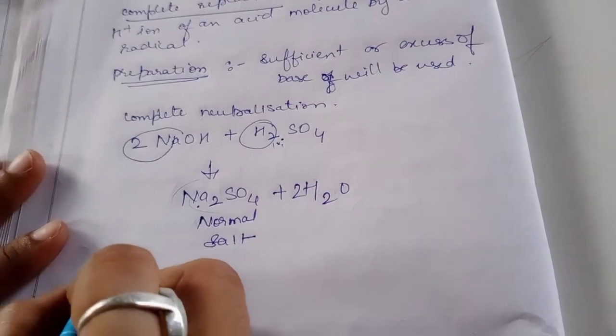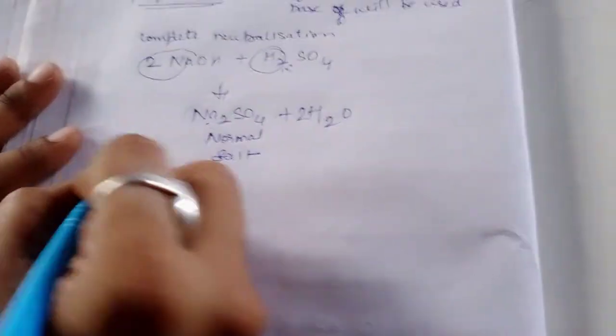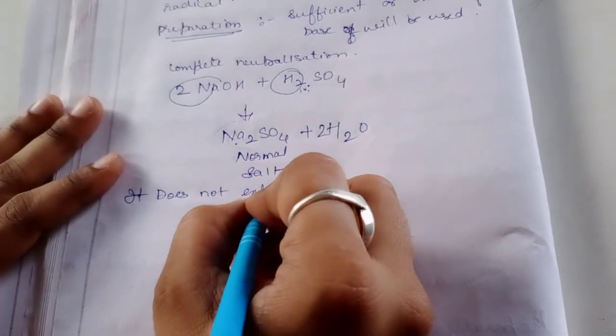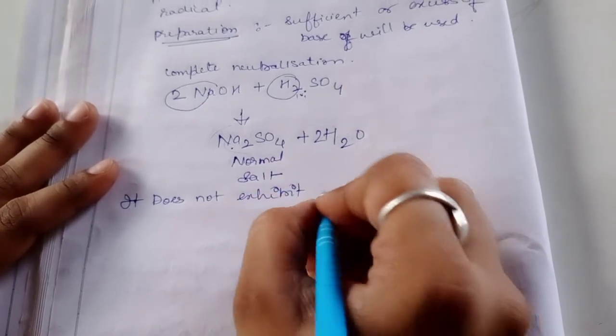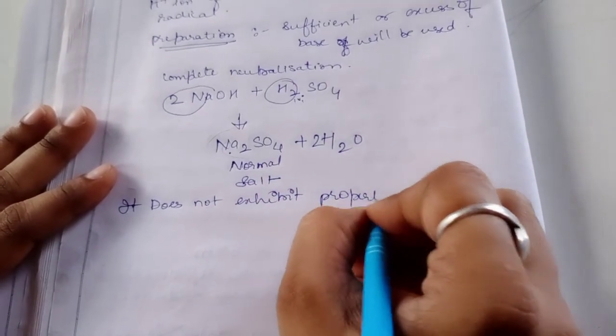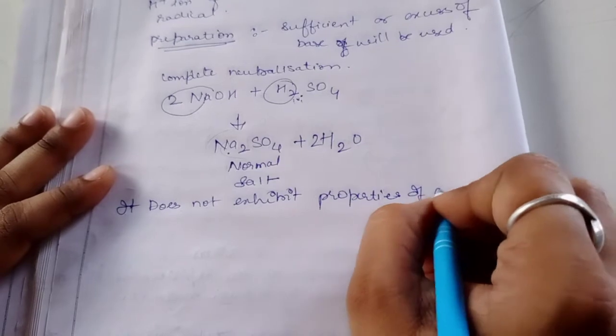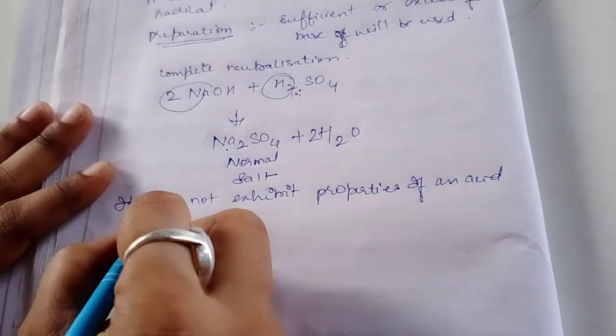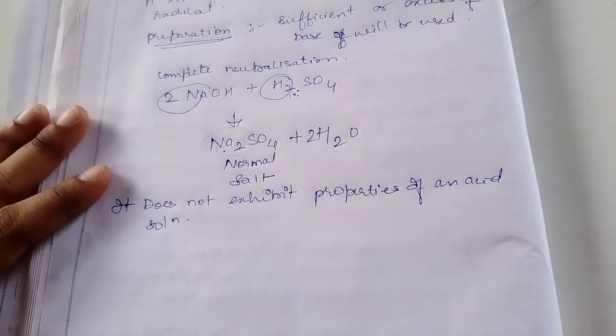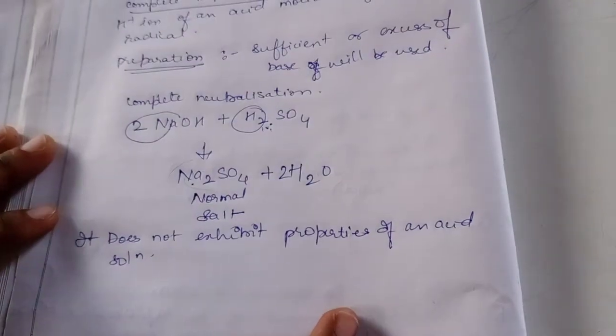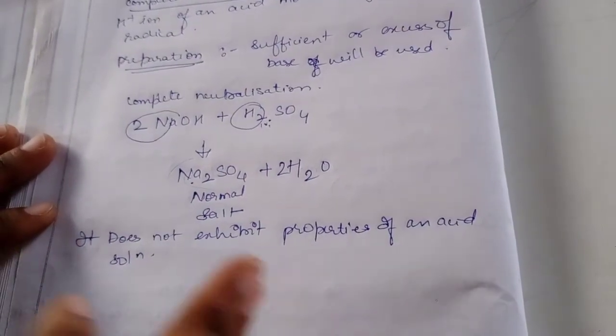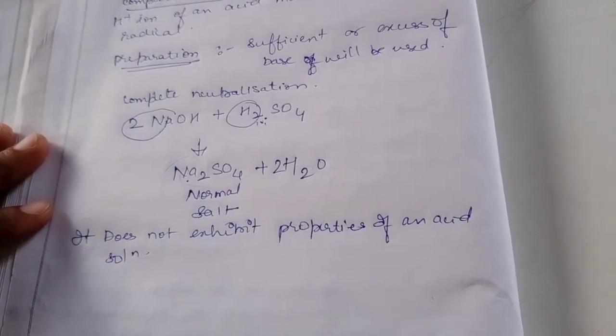It does not contain any replaceable hydrogen atom. Here it does not exhibit properties of an acid in the solution. So you can differentiate the acid salt and normal salt.